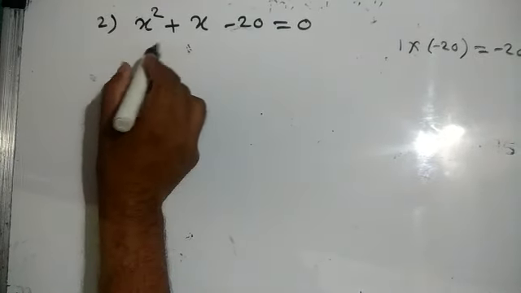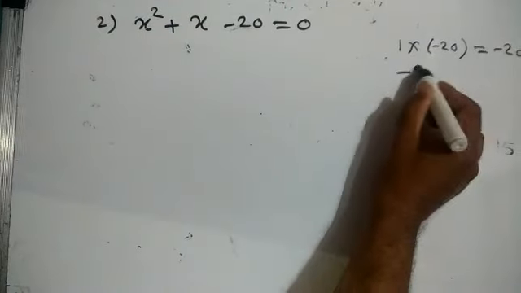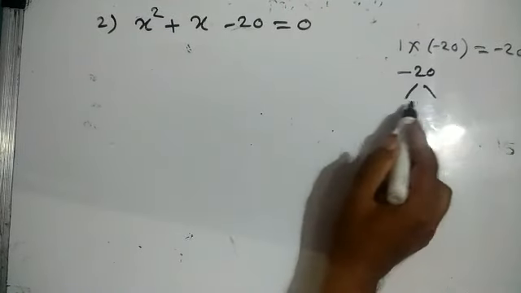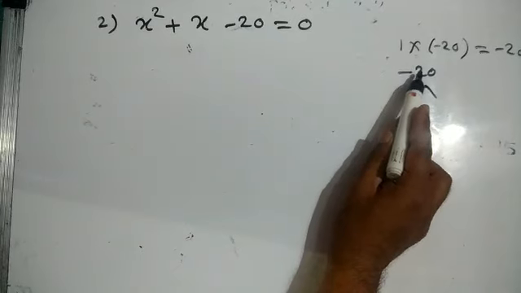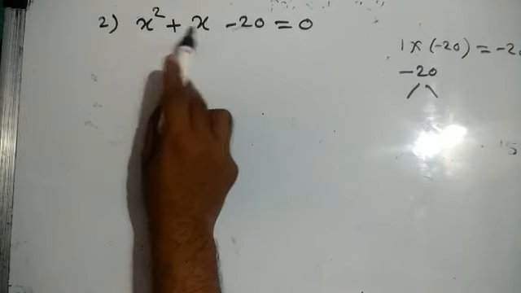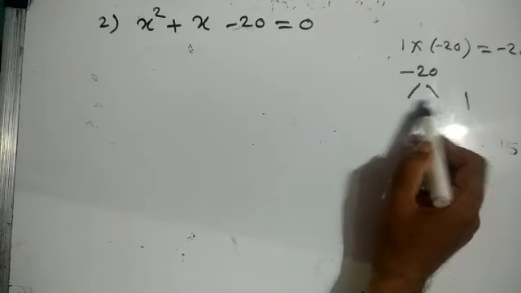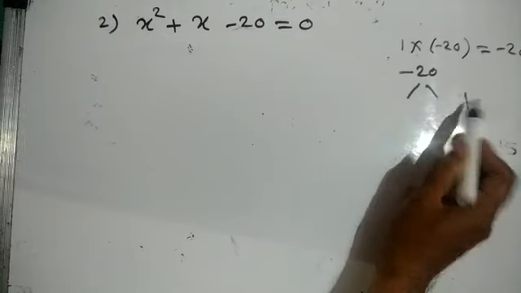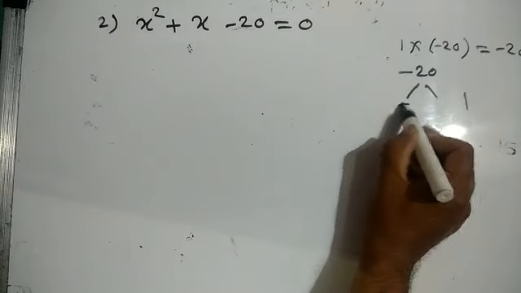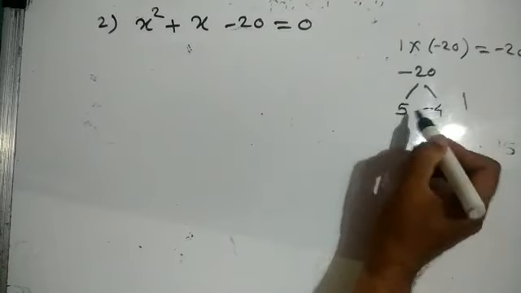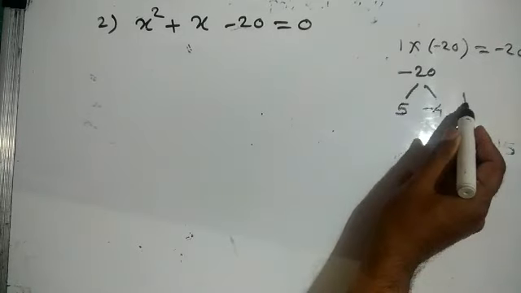Then find two numbers whose product is minus 20 and whose sum is 1, the coefficient of the middle term. Therefore here we can write 5 and minus 4. 5 minus 4, that is 1.